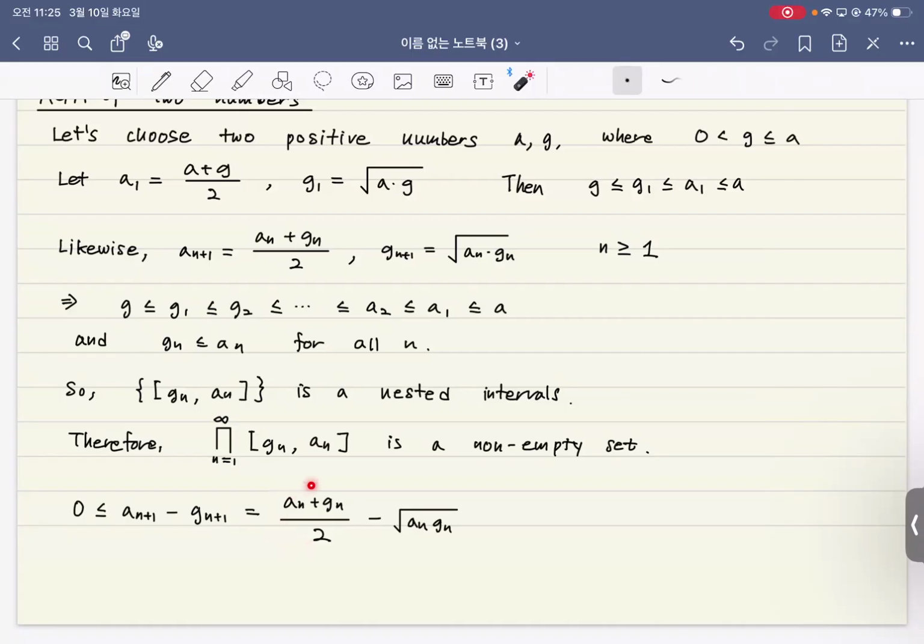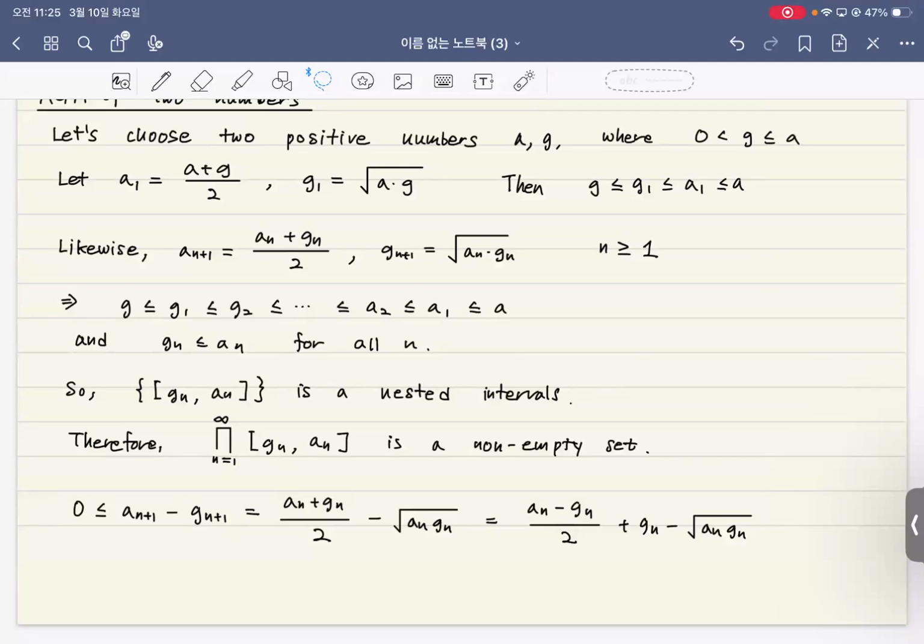I want to rephrase this first term into (An minus Gn) over 2 plus Gn, minus this.